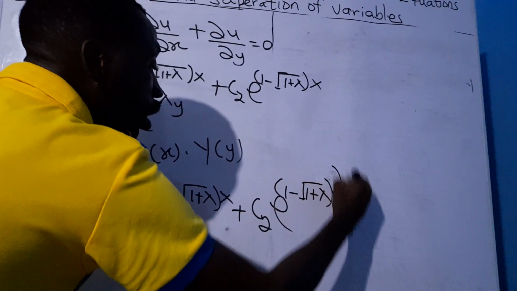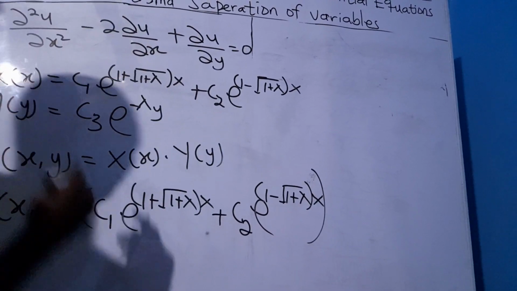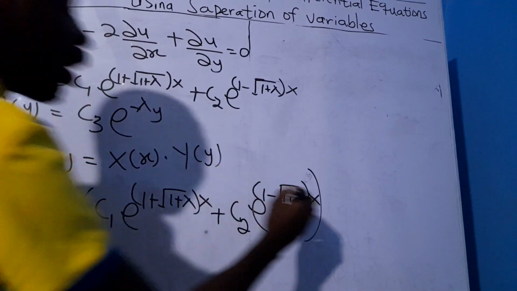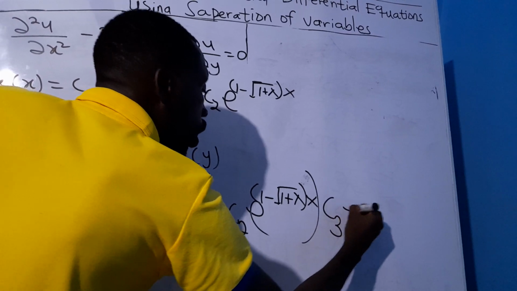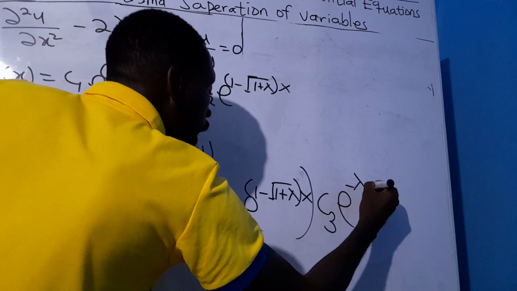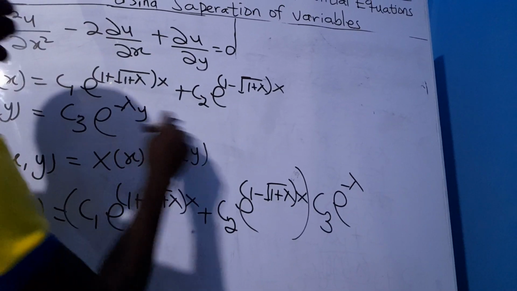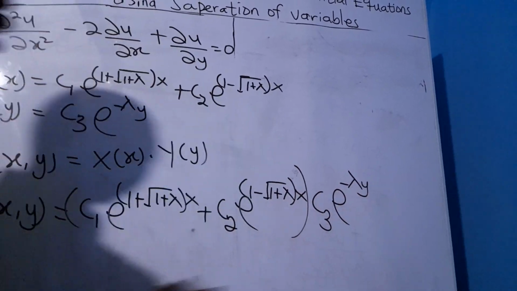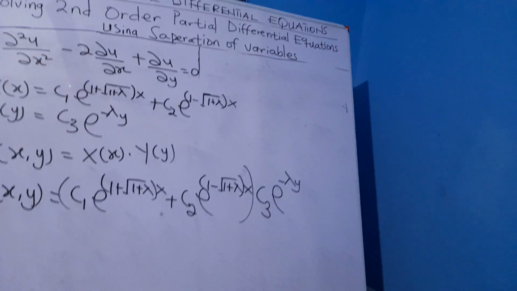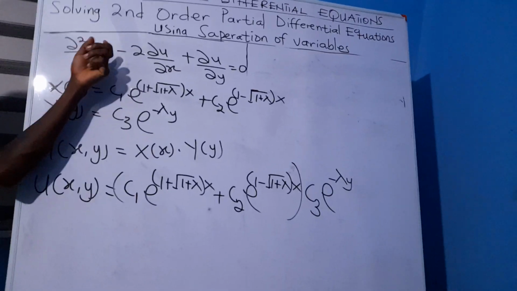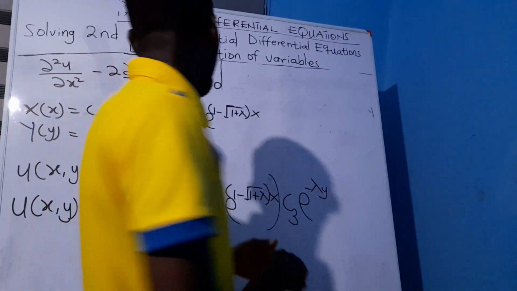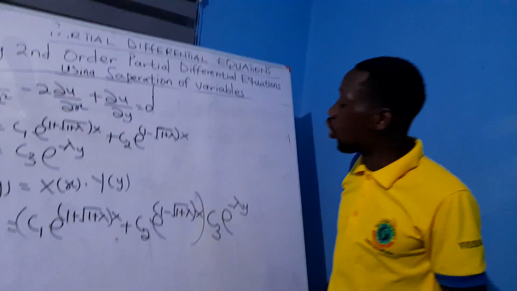That's for the x, then times the y. What is our y? Our y is c3 e exponent negative lambda y. Then this becomes our general solution to this partial differential equation using the method of separation of variables.